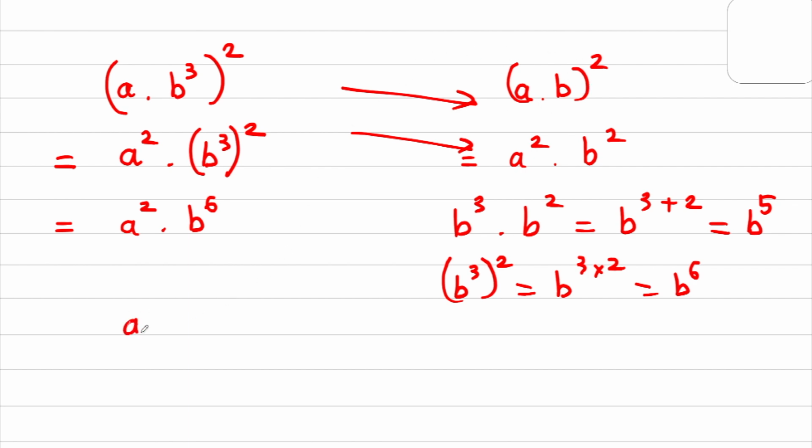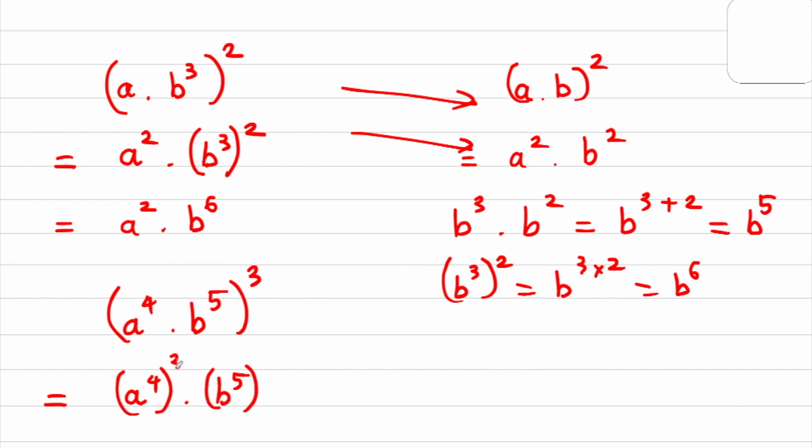How about A4 times B5 here inside the bracket and you get 3 outside? Yeah, I can separate this into 2 base numbers with different power numbers: A4 first and B5, inside the bracket and you get 3 outside.